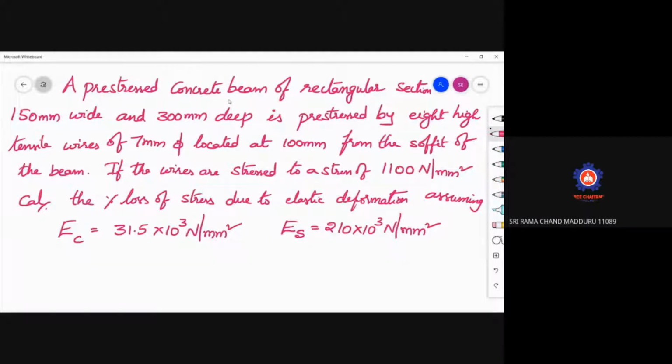ES is equal to 210 into 10 cube Newton per mm square.